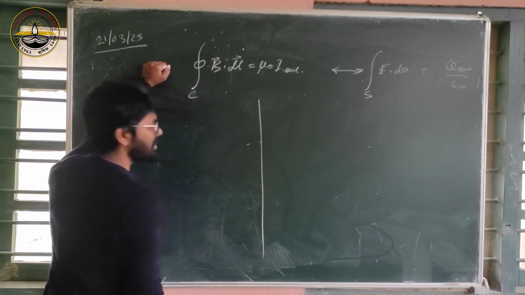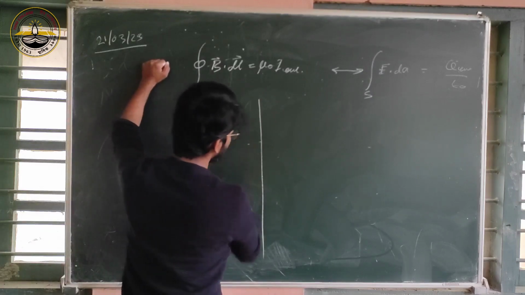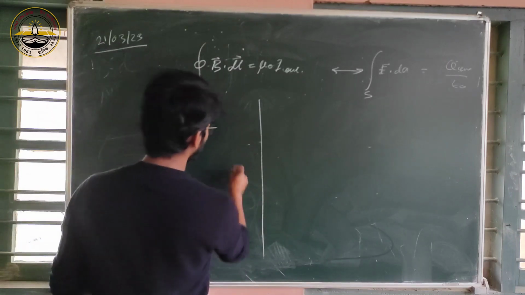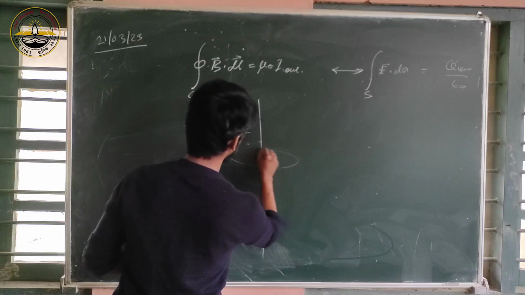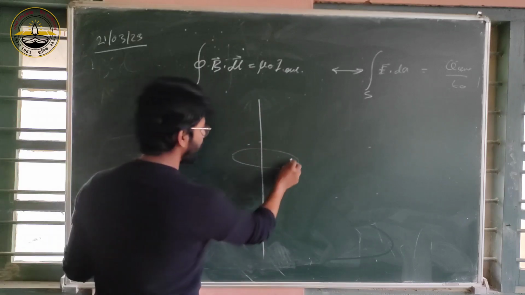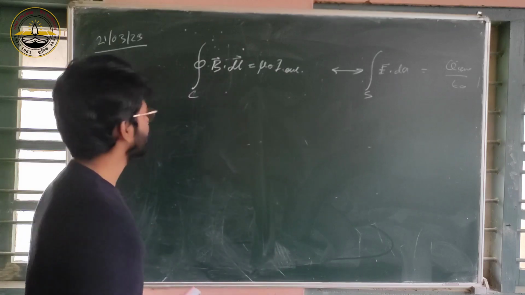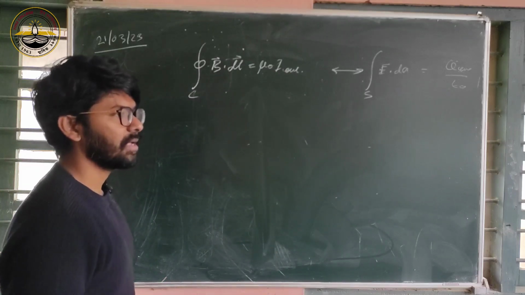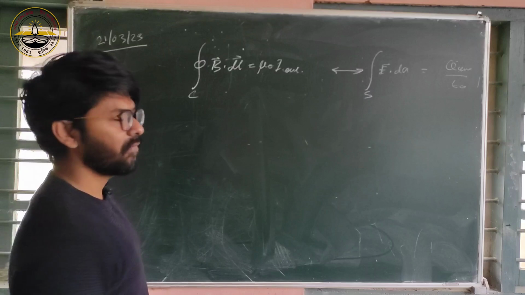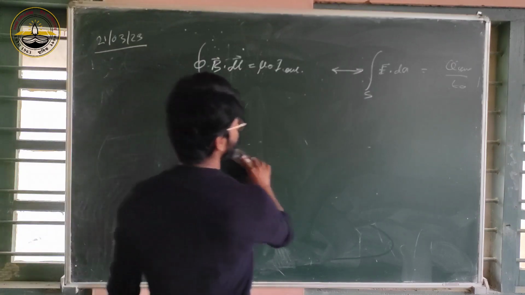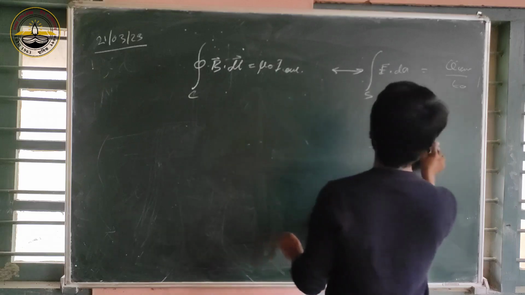So for an infinite current, yes, you can take a loop around it, and the magnetic field will be the same everywhere. So you apply this for a line current, for a solenoid, for an infinite sheet of current, and we found the magnetic field.